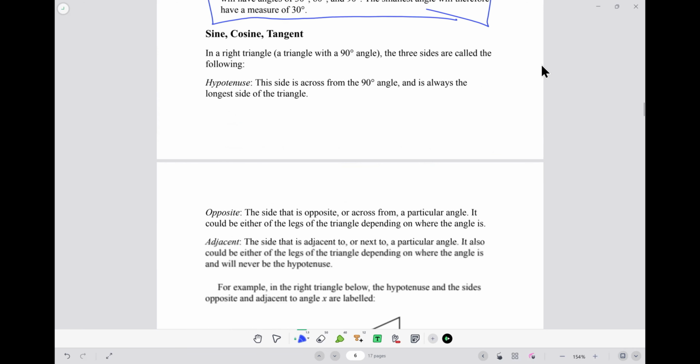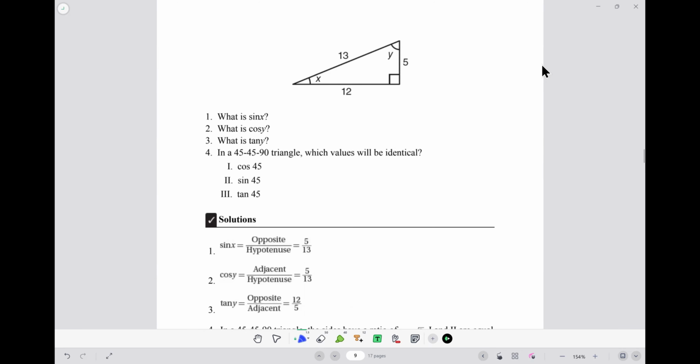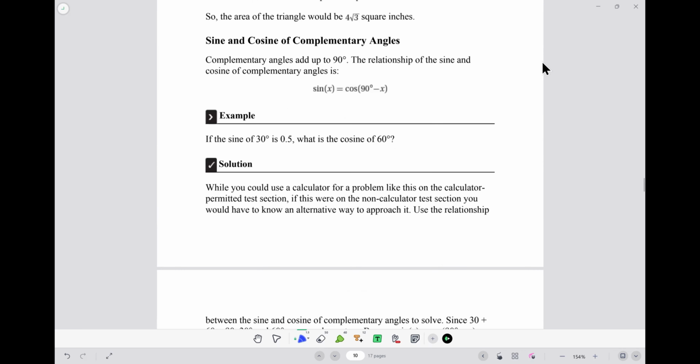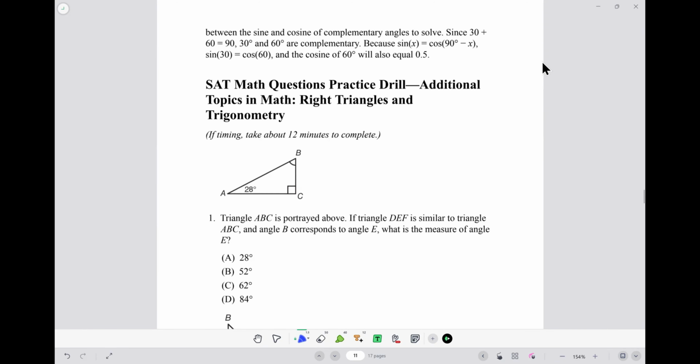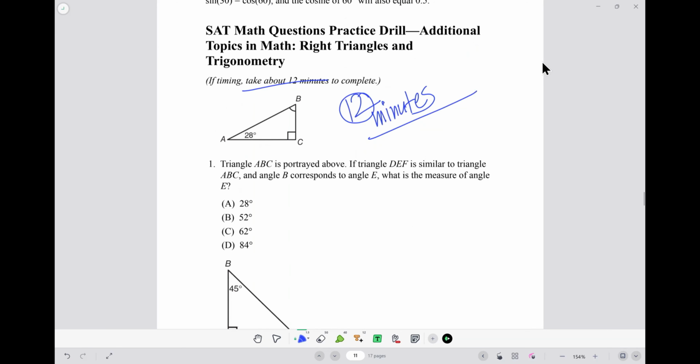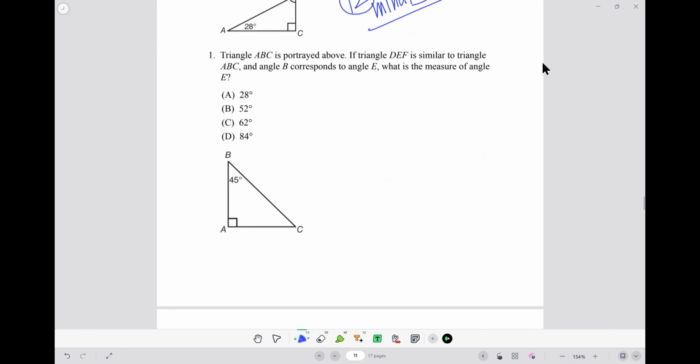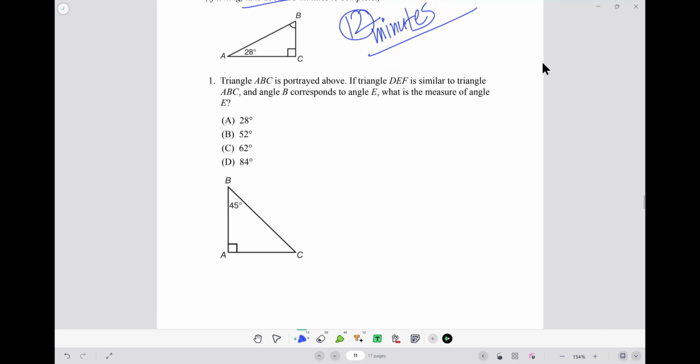So I'm just going to look at what real SAT problems look like. They just give you 12 minutes and ask you to solve some problems. They're not asking you to use a particular method.